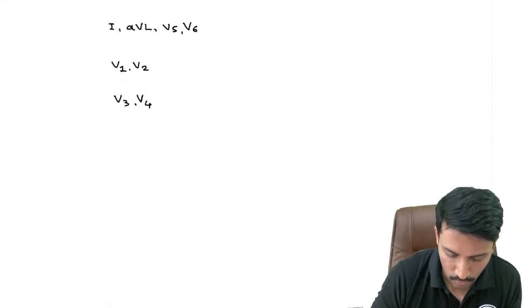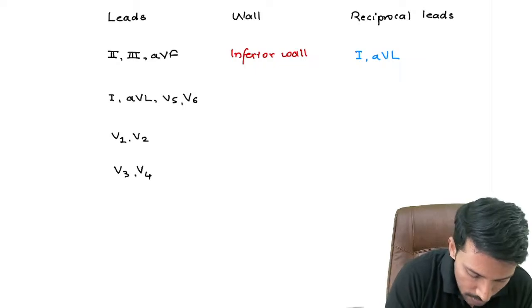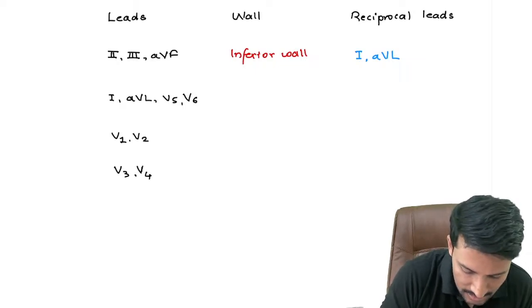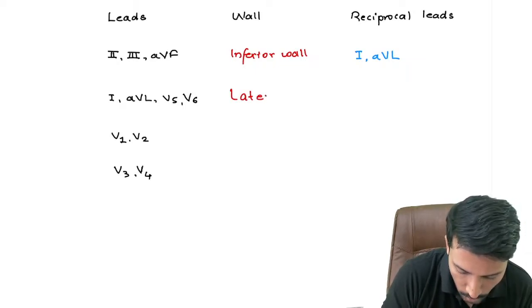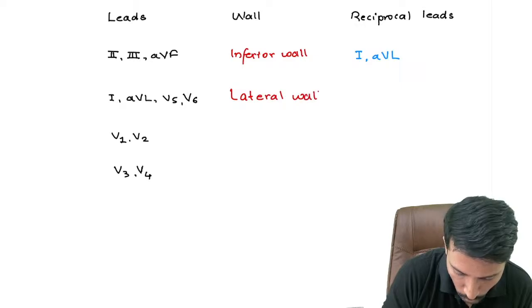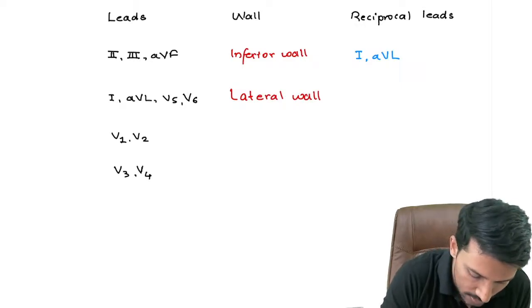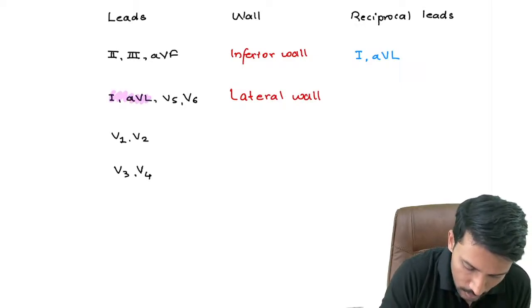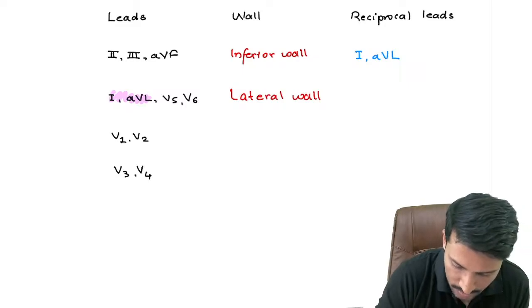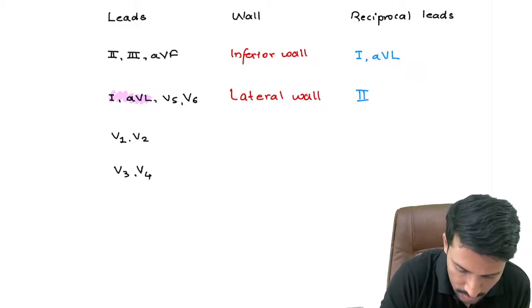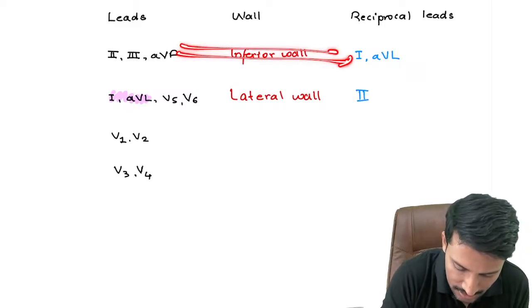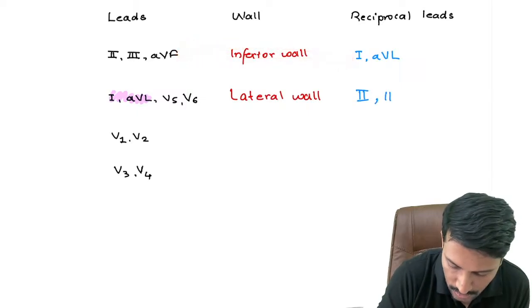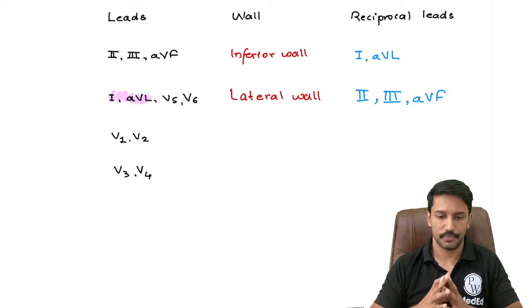So we will call 1, aVL, V5, V6 the lateral wall leads. Because they are looking at each other in the opposite direction, 2, 3, aVF will be reciprocal leads for 1 and aVL.